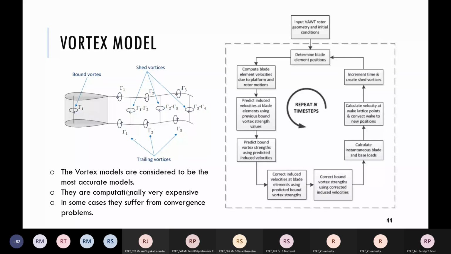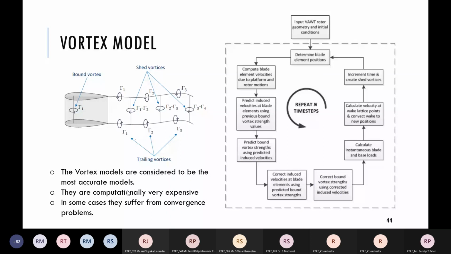By calculating the strength of these line vortices, the lift coefficient of the airfoil can be determined for a particular set of inputs.